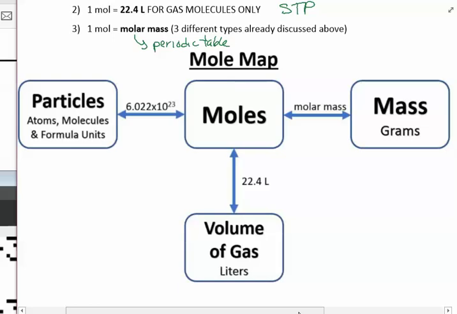Depending upon which part of our mole map we're going to determines the unit or the number that we're going to use. So particles to moles, we're always going to use Avogadro's number, 6.022 times 10 to the 23rd. Moles to mass, we're going to use the molar mass. I like to call this MM on the PT, molar mass on the periodic table. Keep in mind, you're always going to have a periodic table. You don't have to memorize the molar masses, but that's where we find that conversion. And then to go from moles to volume of a gas, we use the 22.4 liters.